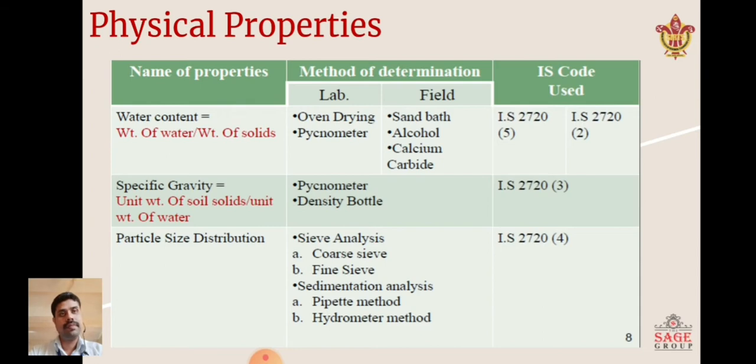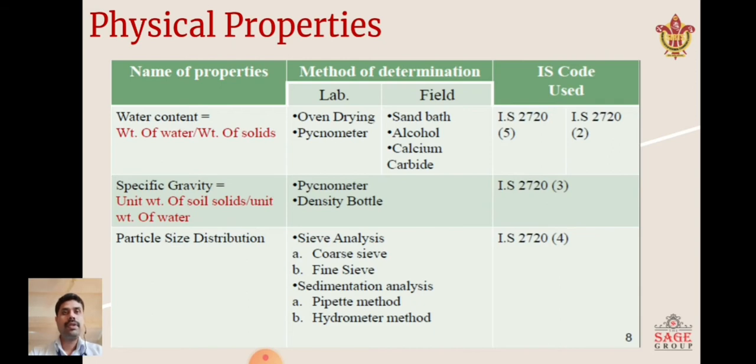And the code used for these experiments is IS 2720. Basically, this code is used for the determination of physical properties of soil, or we can say we can use this code for identifying the physical properties.